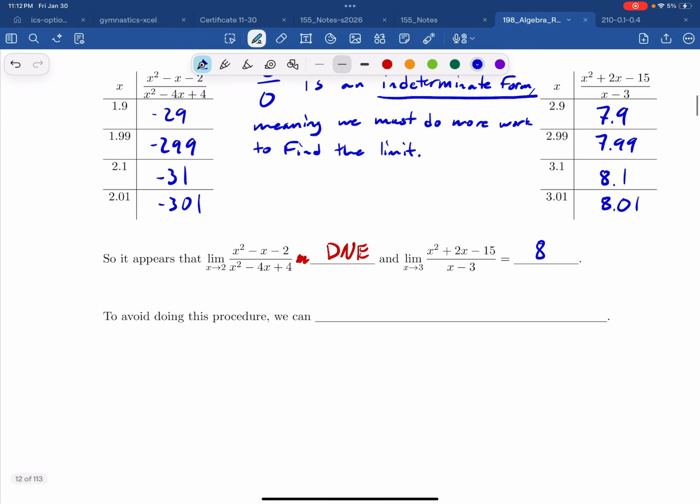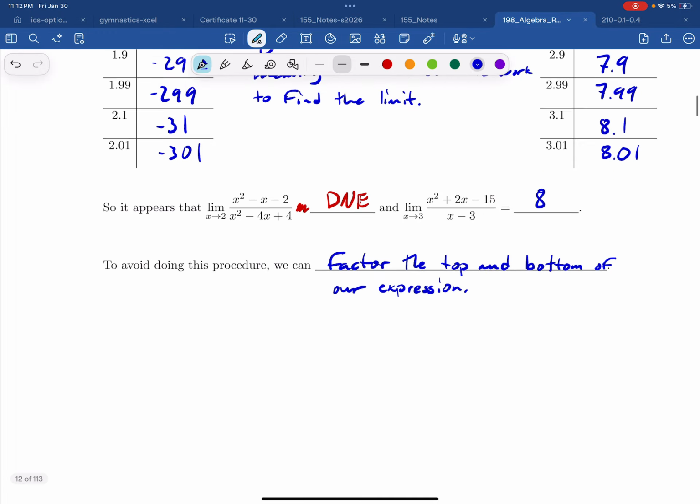Okay. So how are we going to do this? I don't want to keep plugging stuff in. Well, if you notice, in both of these cases, we can factor the top and bottom, right, numerator and denominator, of our expressions.